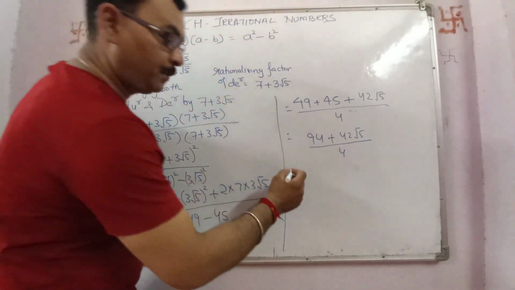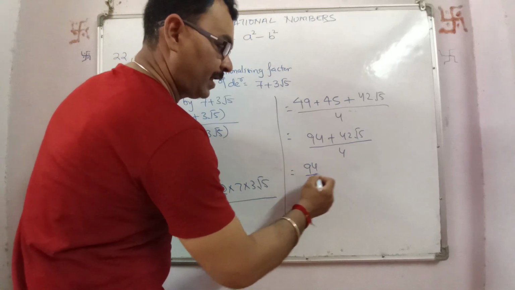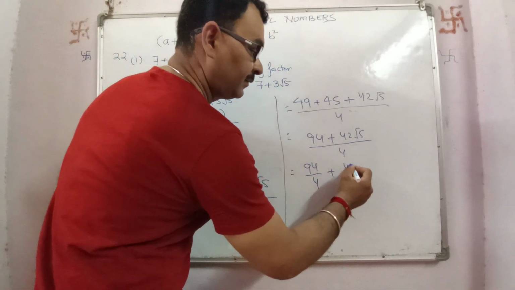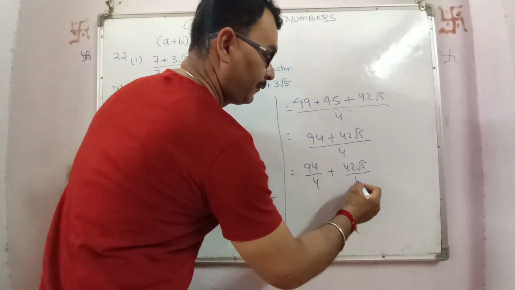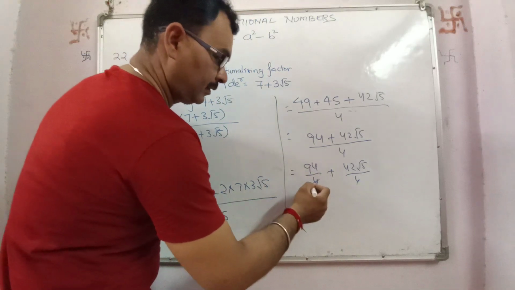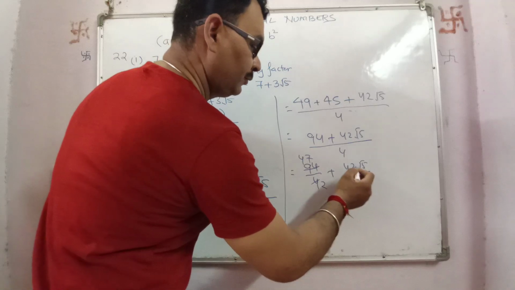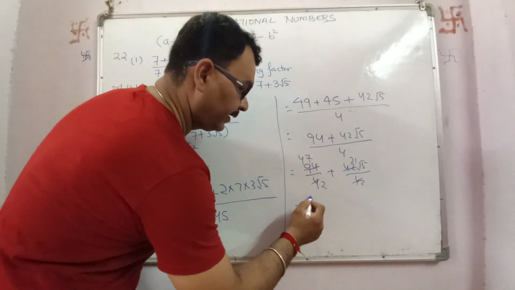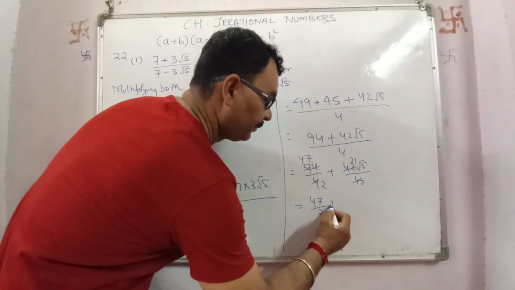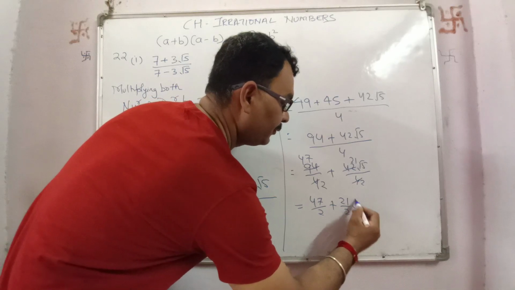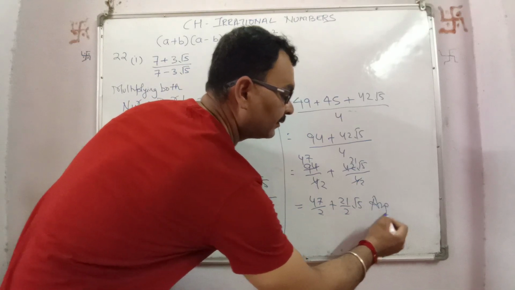Now breaking up into partial fractions, 94 by 4 plus 42√5 by 4. It is divisible by 2, so 47/2 plus 21/2 √5 is the answer.